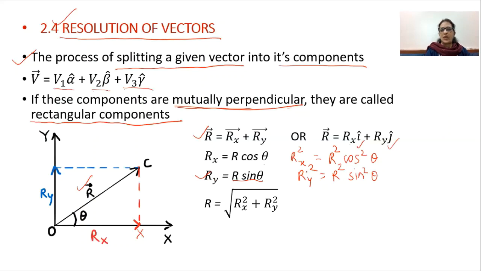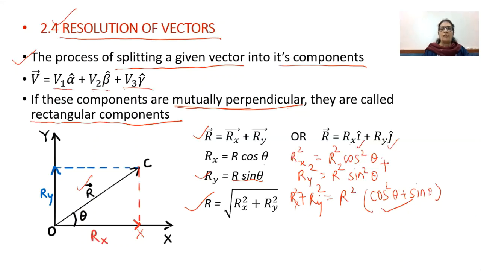And if we add them together, या दोघांची जर ऍडिशन करायची असेल तर या दोन्ही मध्ये R square कॉमन आहे, बाहेर काढला, आतमध्ये काय राहील? cos square theta plus sin square theta, but cos square plus sin square is 1. हे तुम्हाला ट्रिग्नोमेट्री मध्ये झालं असेल. Therefore Rx square plus Ry square, इथे या दोन्हीची आपण ऍडिशन केली आहे, so Rx square plus Ry square is equal to R square into 1, म्हणजे is equal to R square. So R is, दोन्ही बाजूनी स्क्वेअर रूट घेतलंय, under root Rx square plus Ry square.